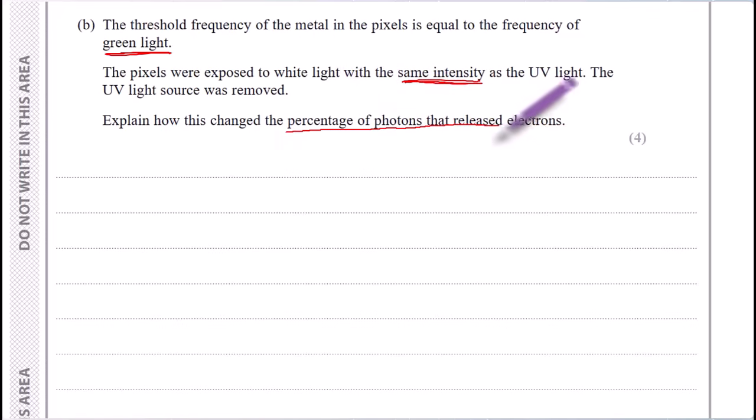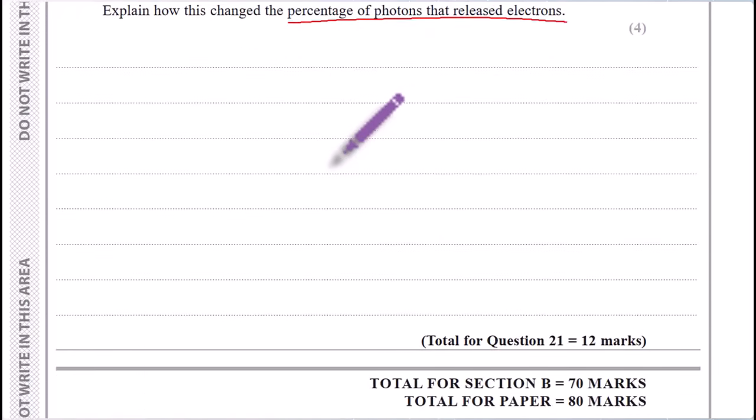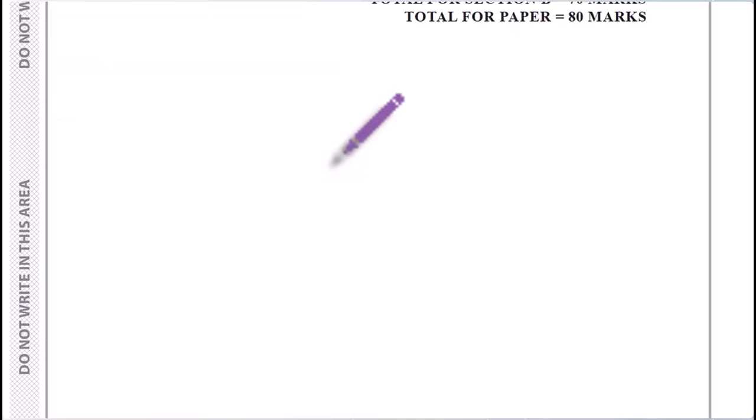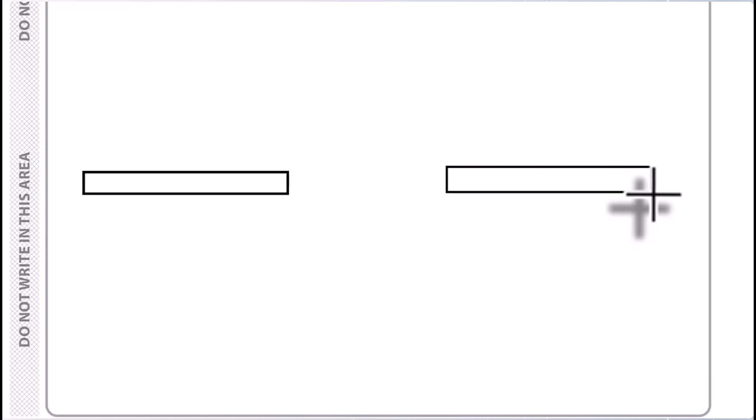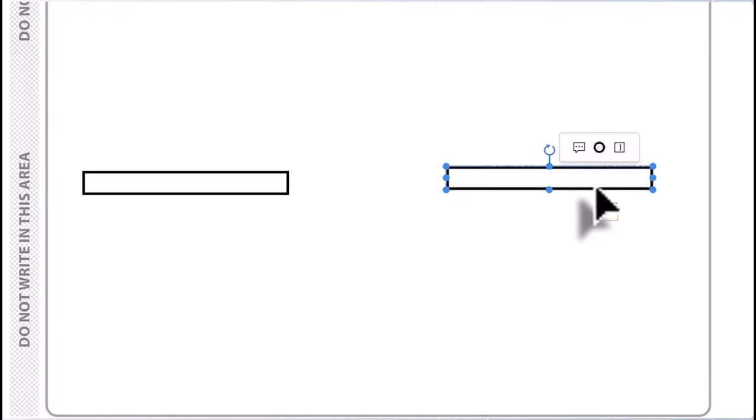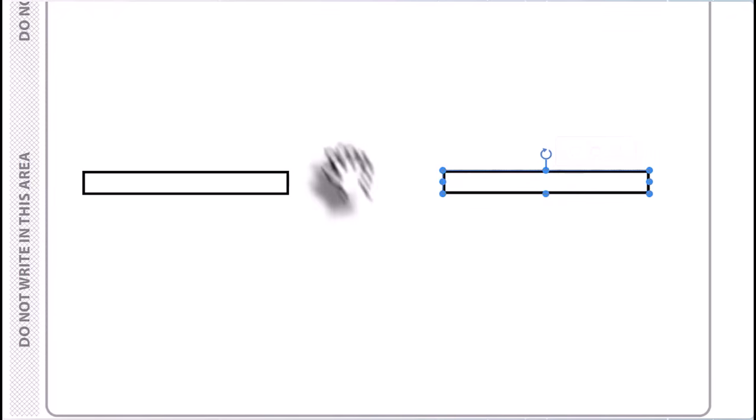I don't think you understood anything by reading the parts of the question, so let me take you directly to a visual aid. Let's say this section is for UV, and this section is where UV light was replaced with white light, but exposed to the same intensity.